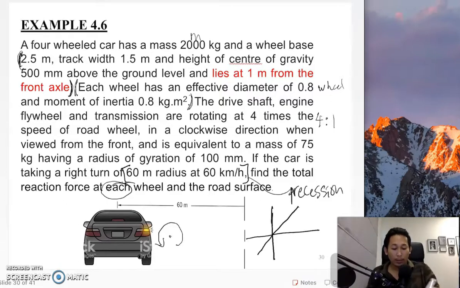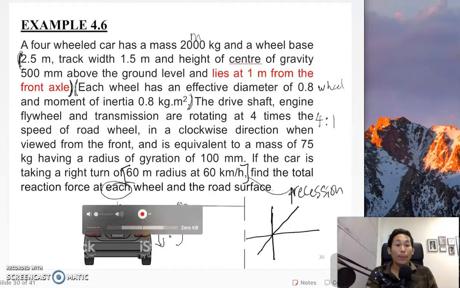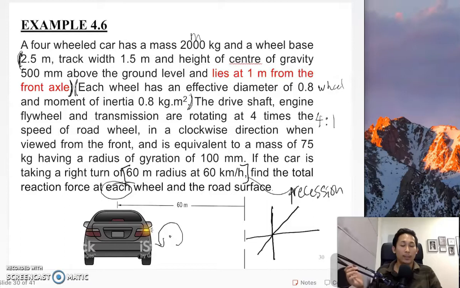If the direction is the rotating of the drive shaft, engine, flywheel, transmission, we will look one by one, because we want to find the reaction force at each wheel.